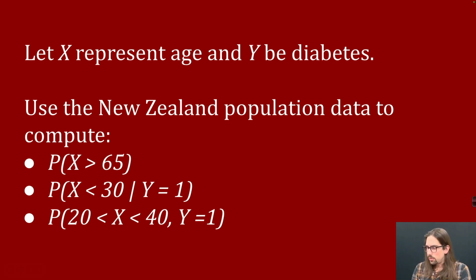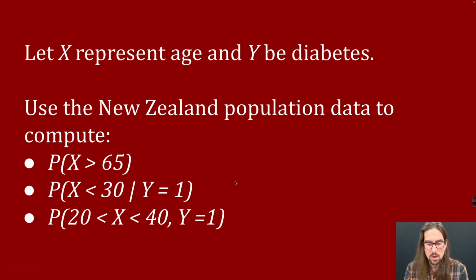Okay, so let's get our hands a little dirty with this. Let's use the New Zealand population data to compute these probabilities. So now we're working with a couple of continuous variables instead of just discrete. What's the probability that somebody is older than 65? What's the probability that somebody is younger than 30, given that they're diabetic? What's the probability that somebody is between 20 and 40, given that they're diabetic?